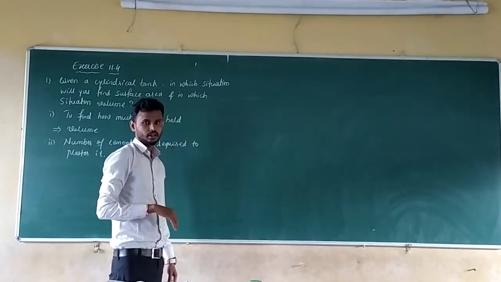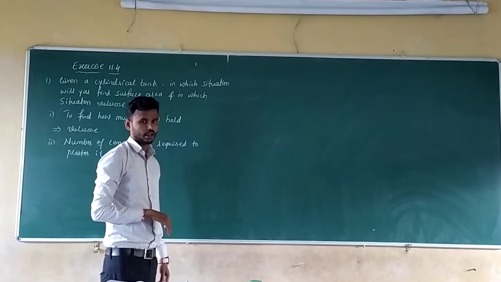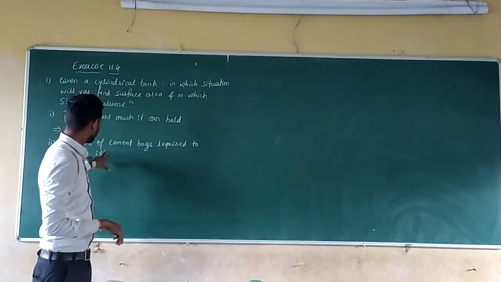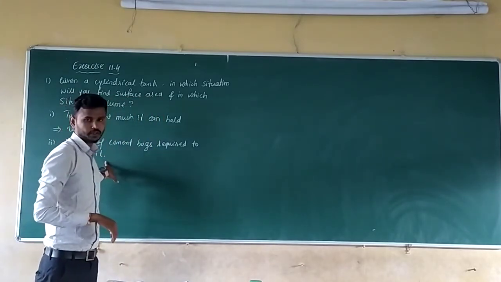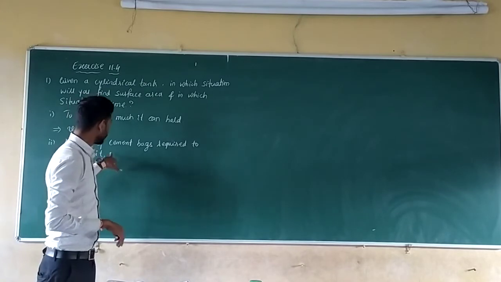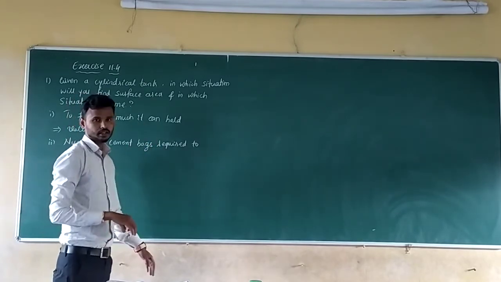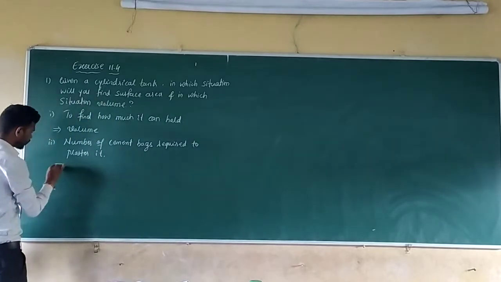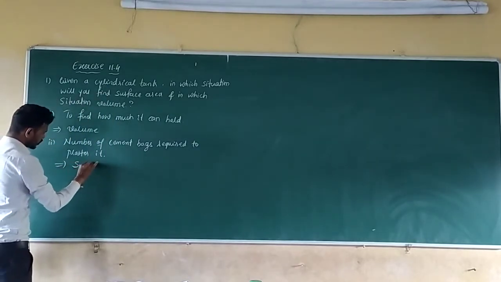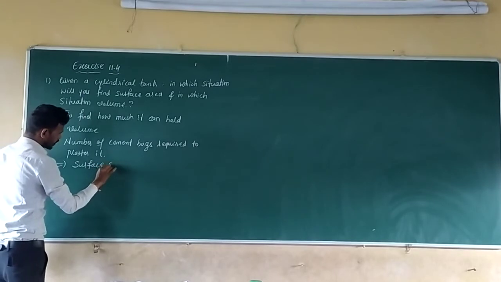Will you plaster for the surface or something else? So you will plaster for the surface. That means what we need to find? Surface area. So the second one is surface area.